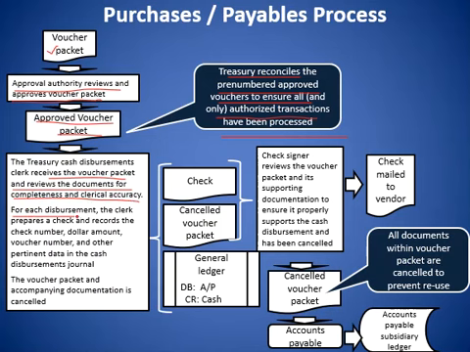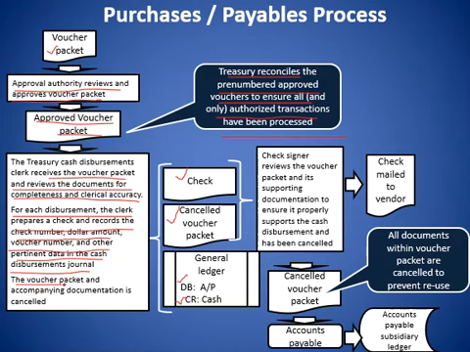For each disbursement, based upon the approved voucher packet, the clerk prepares a check and records the check number, the dollar amount, the voucher number, and other pertinent data in the cash disbursements journal. And we can see here the check is prepared, and I'm going to talk about a canceled voucher packet in a second. And we also make the journal entry, a debit to accounts payable for the payment of the liability and a credit to cash.